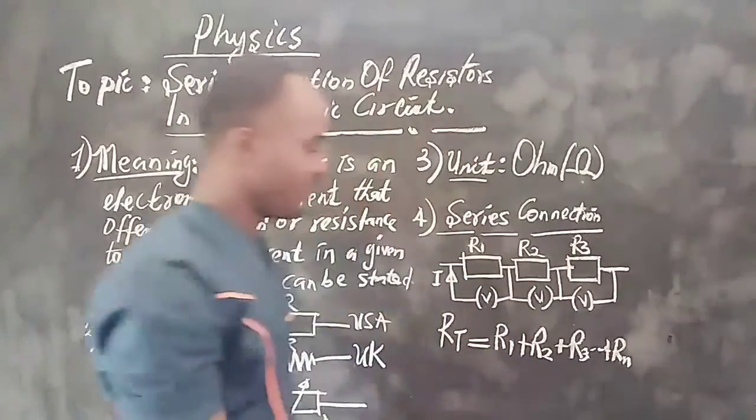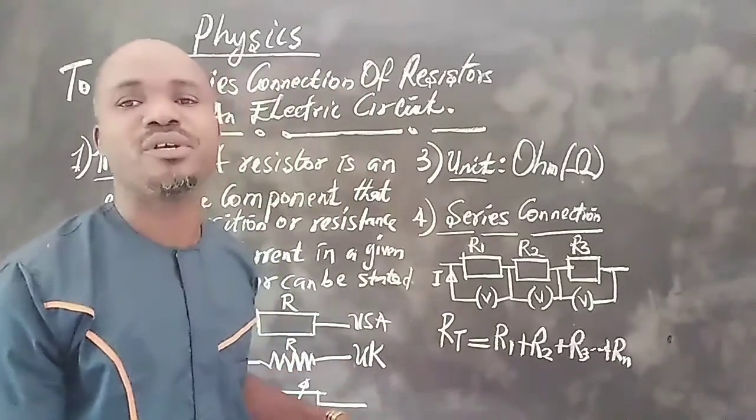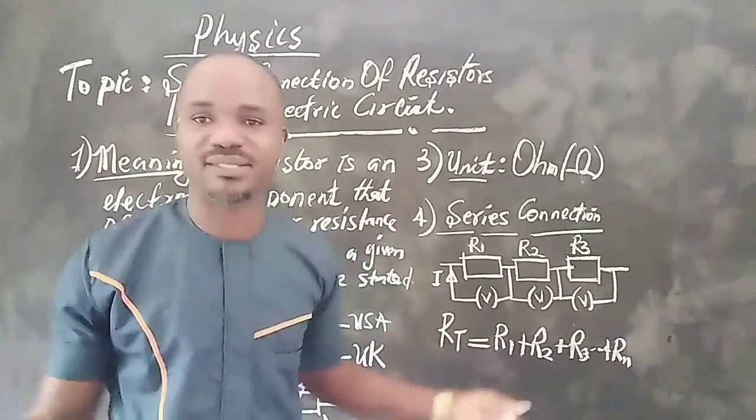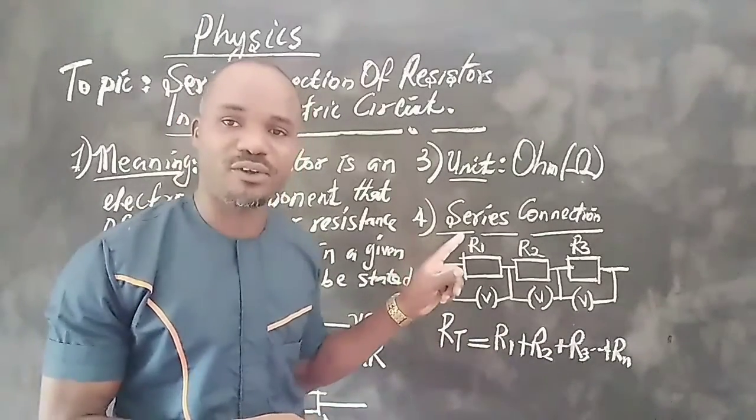This formula will help us find the net resistance of any number of resistors given in a series connection.